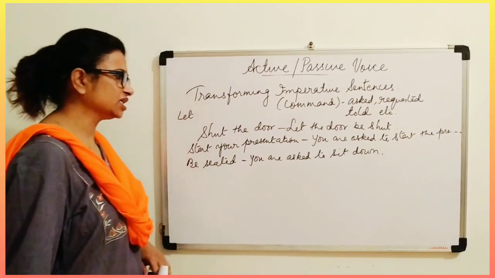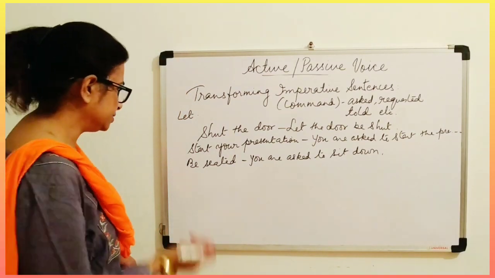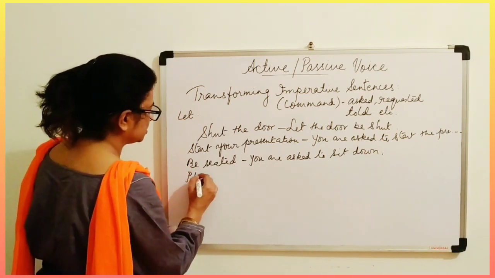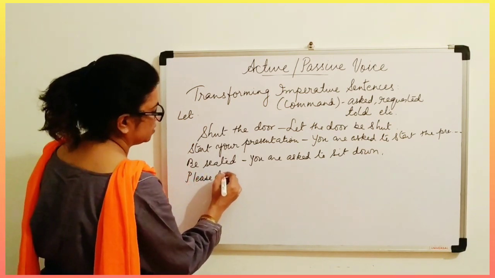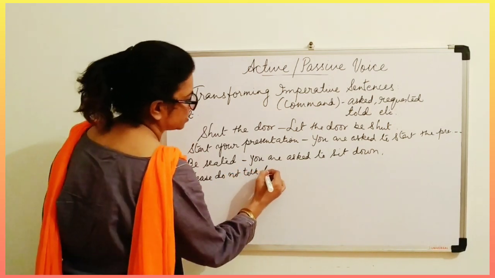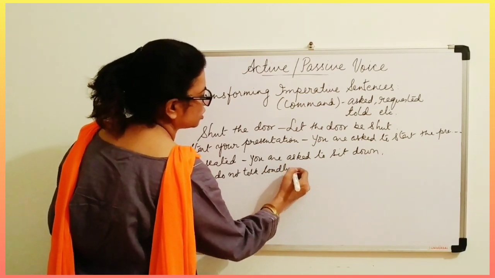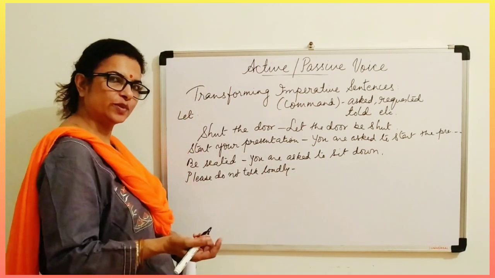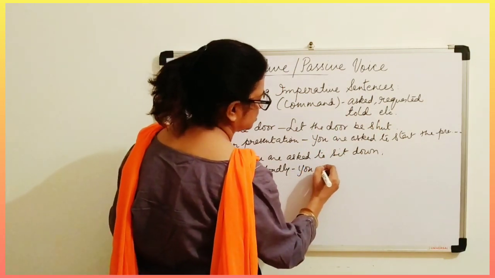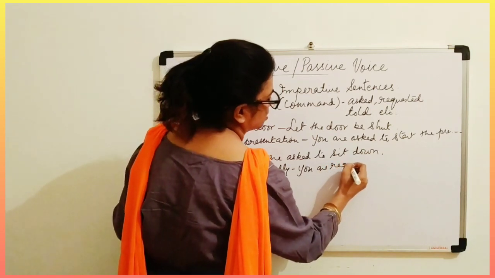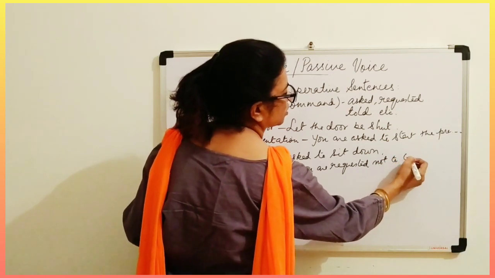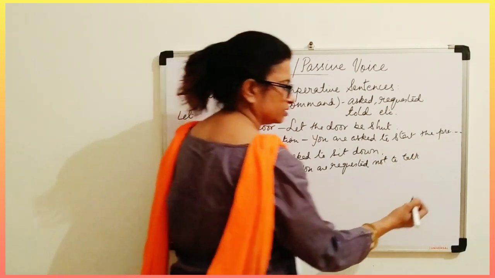Now any sentence starting with please. Like suppose this is a sentence: please do not talk loudly. So please means request. So here you are requested not to talk loudly.